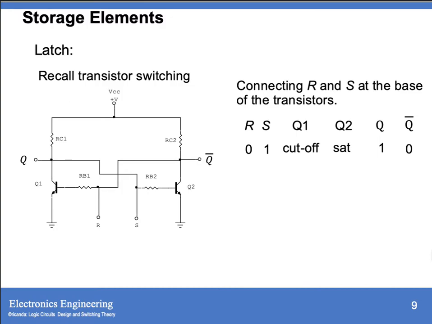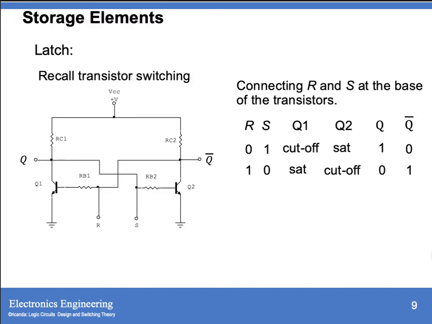If we interchange the inputs, if R is connected to VCC and S is connected to the ground, it means transistor 1 is in saturation state and transistor 2 is cut off, making your Q equal to 0 and Q bar equal to 1.